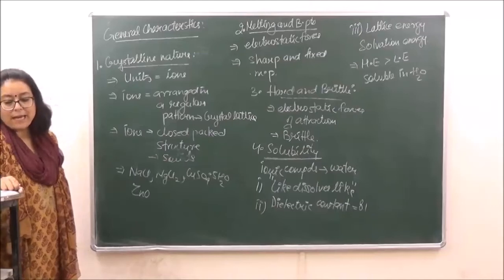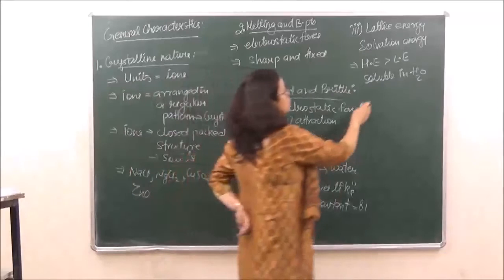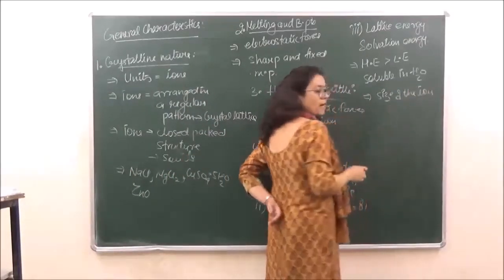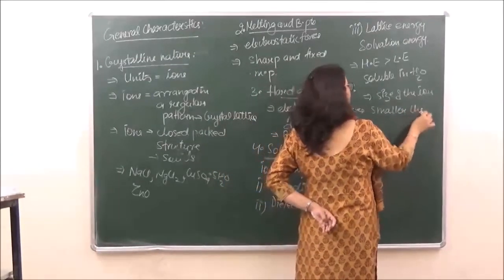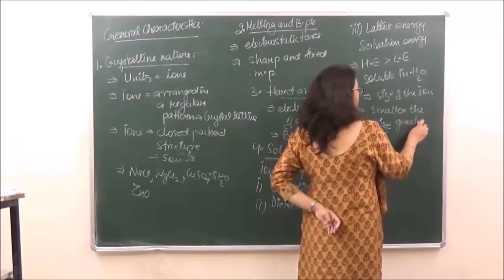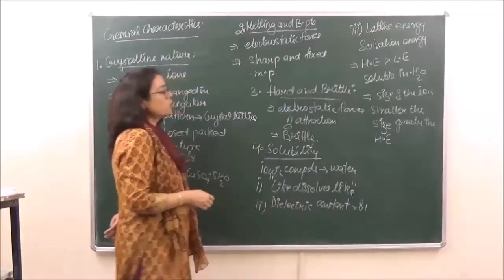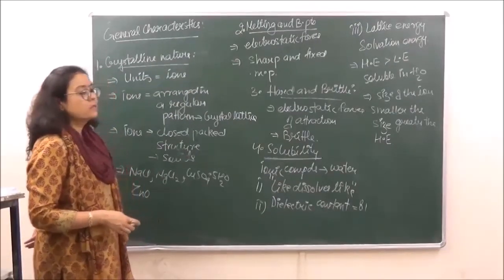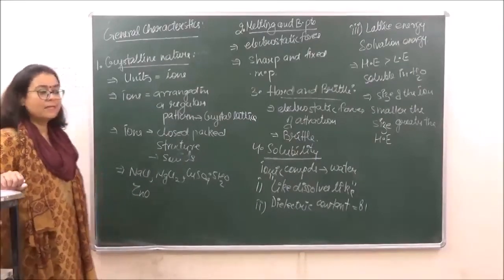The value of hydration energy depends upon the size of the ion. The smaller the size, the greater the hydration energy. That means all those ions which have smaller sizes can be easily soluble in water.